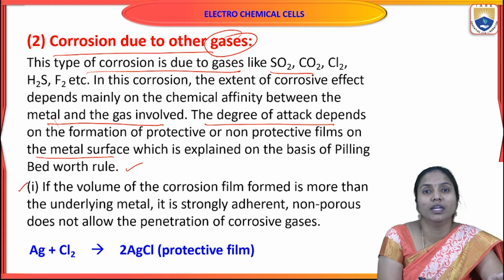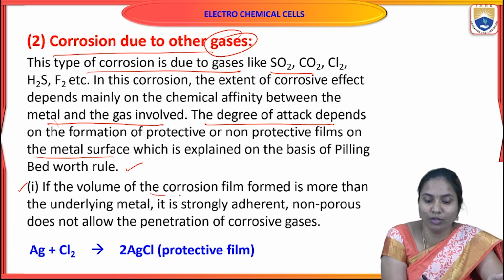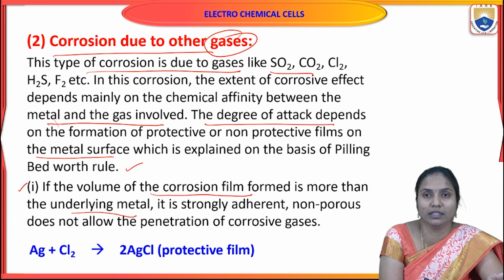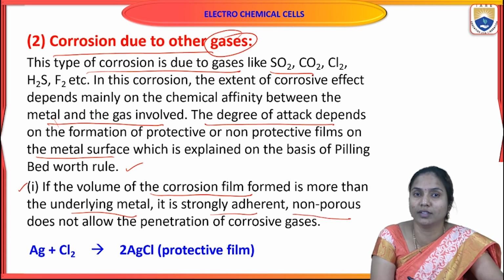For example, if the volume of the corrosion film, here a gaseous film, is more than the underlying metal, it is strongly adherent and non-porous. Just as in oxidation corrosion, where the volume of oxide is greater than the volume of metal, it is protective.